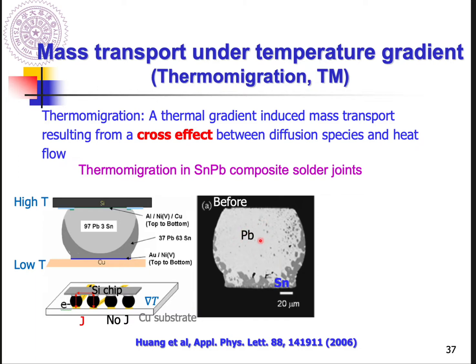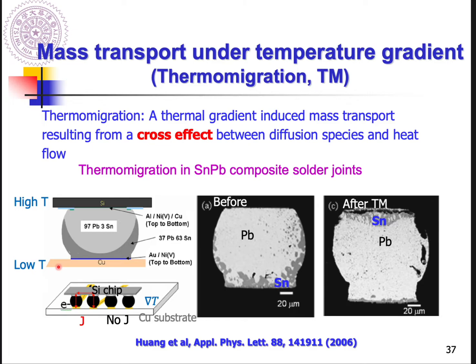lead rich. But after applying this temperature gradient for a longer period, you can observe the lead moves from the bottom region toward the upper region. So this is evidence showing that there exists a thermal migration.